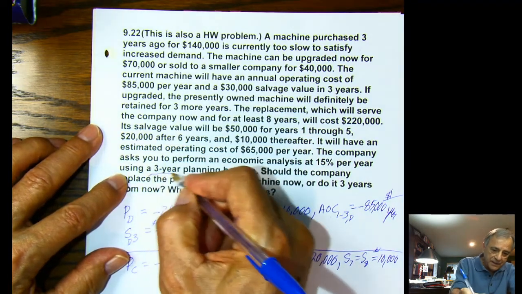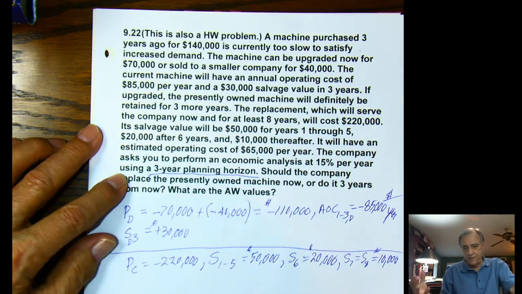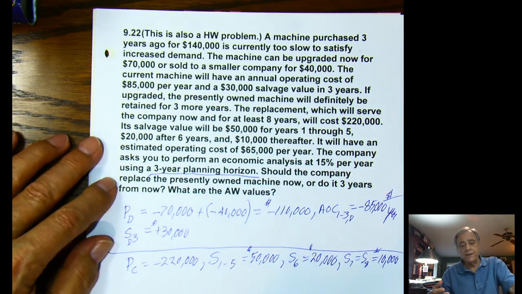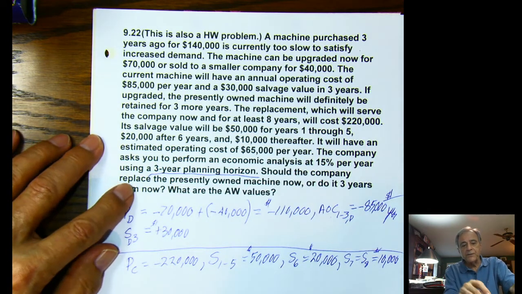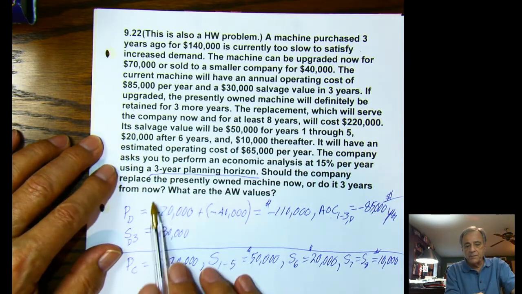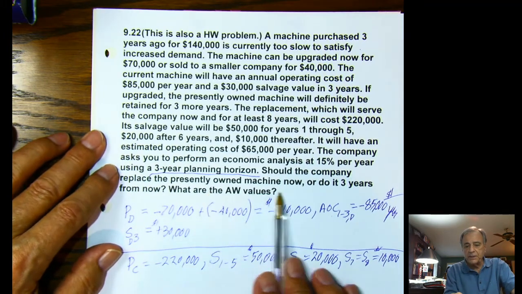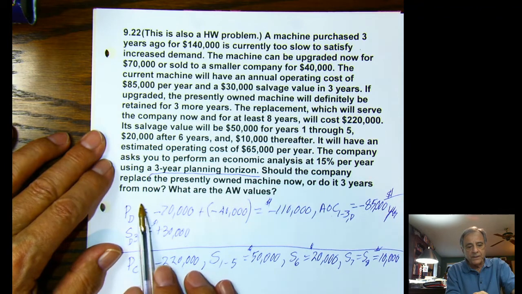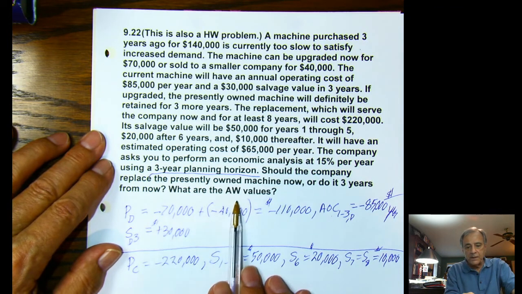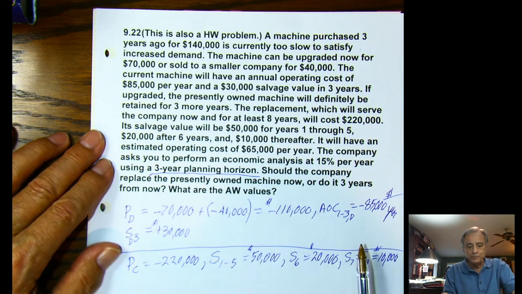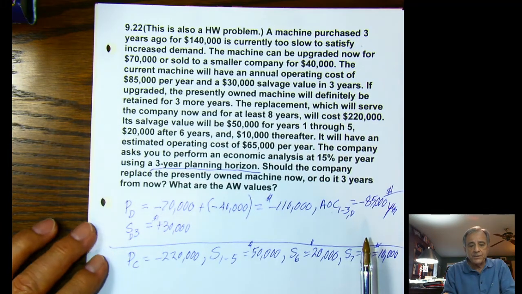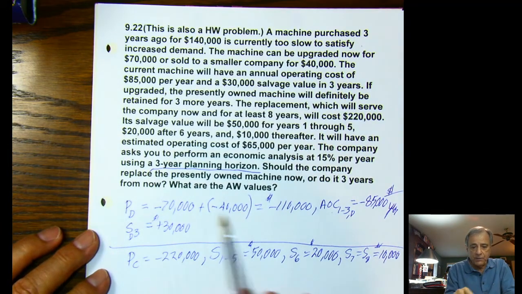This is key. So when you're given a specific study period, everything has to be done for that number of years. Should the company replace the presently owned machine now or do it 3 years from now? What are the annual worth values? So let's look at what happens if we keep it for 3 more years.